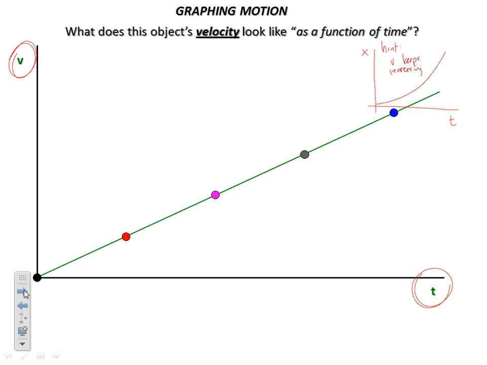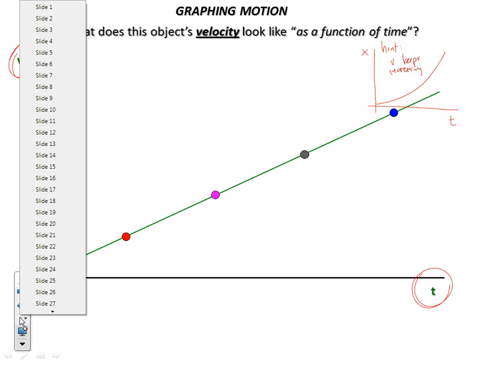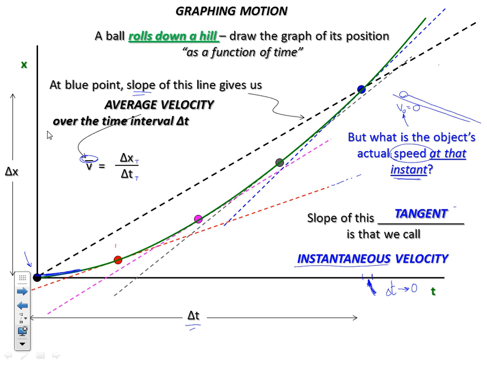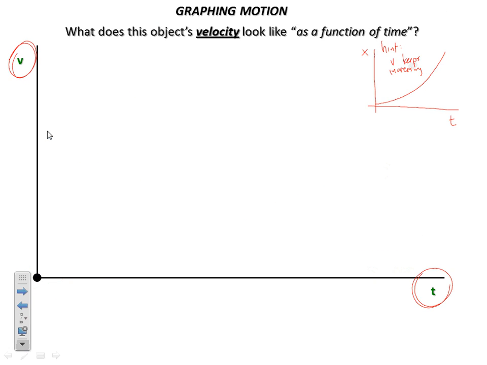If you go back a page to where these, let me go back a page. We have red dot, purple dot, gray dot, blue dot. Next page, again, we have red dot, purple dot, gray dot, blue dot.